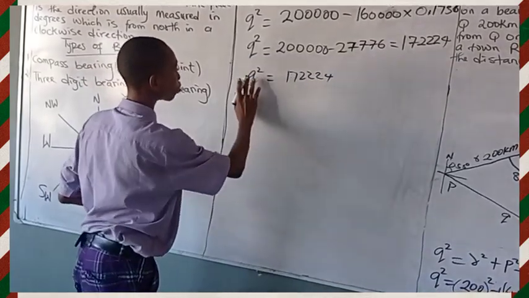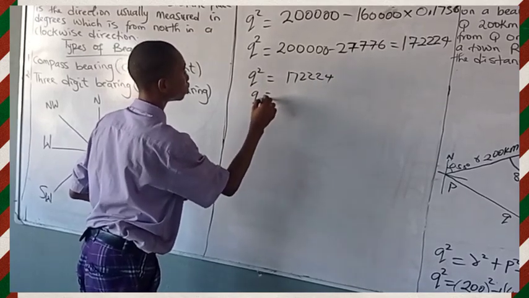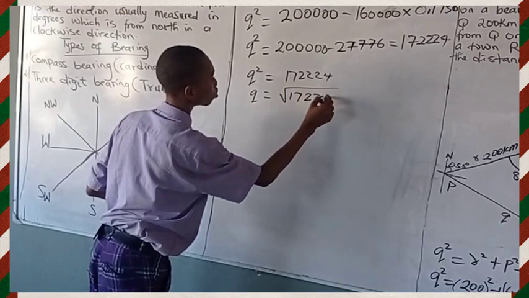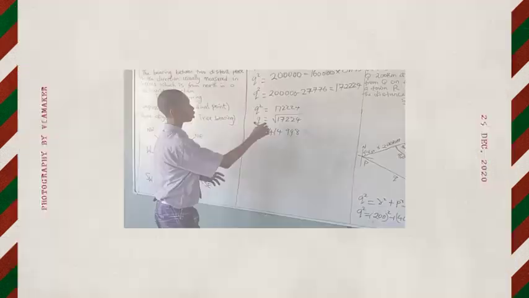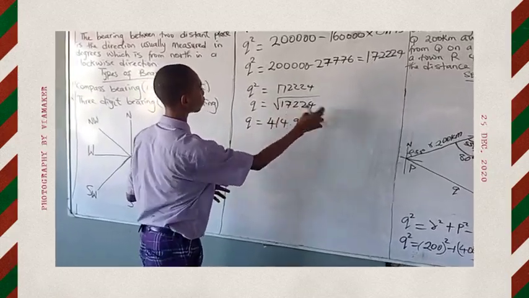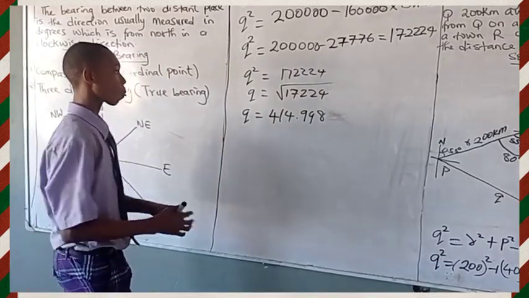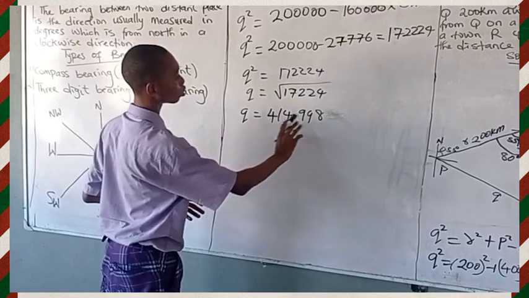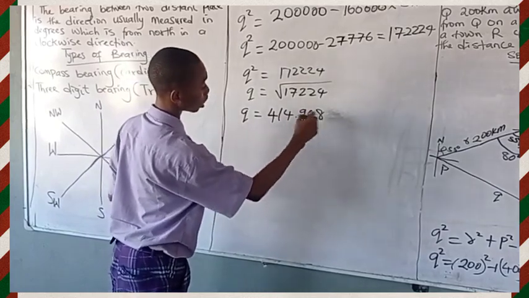So to get q on its own will be the square root of 172,224. Now if you want to, you can round q to the nearest kilometer.